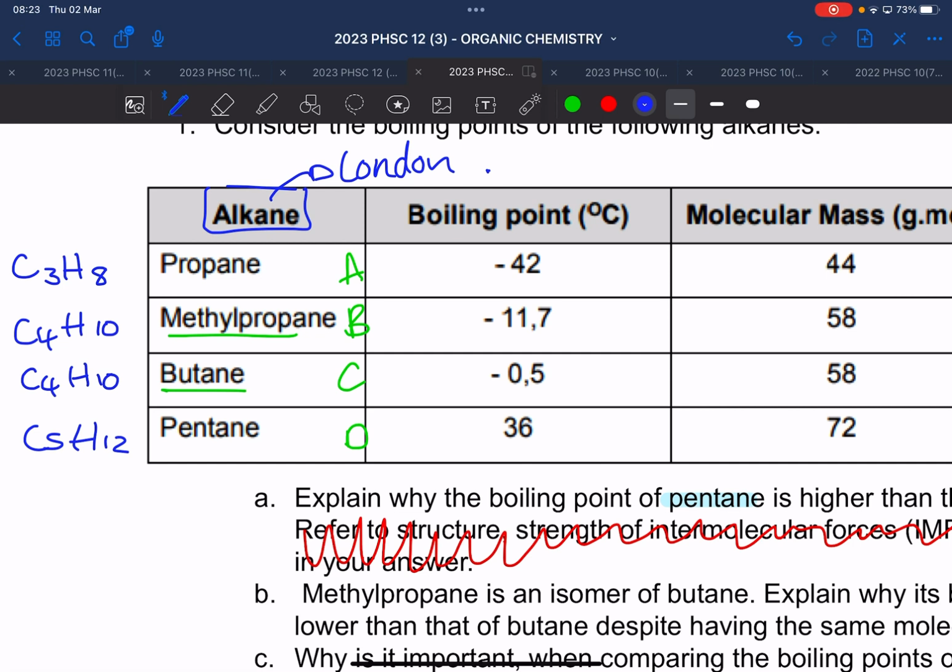No, the question is, why must it be the same? Why is it that the mass must be the same, the number of carbons and hydrogens must be the same? Why? But why is it important that they must be? Not what does it mean if they have the same number of carbons?